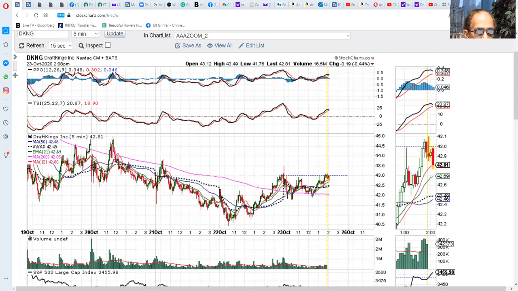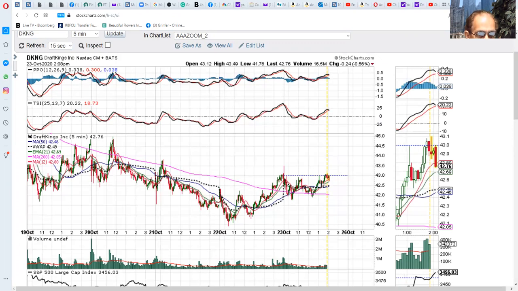You notice that two times it made an attempt right about 11:15 to go over and it didn't make it, and it crossed below the VWAP line, and now it makes an effort again. It went over, it touched one time the previous close yesterday, it failed, and now we're moving up and it gives another try and it failed again.